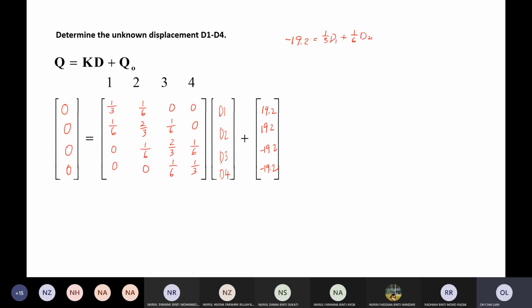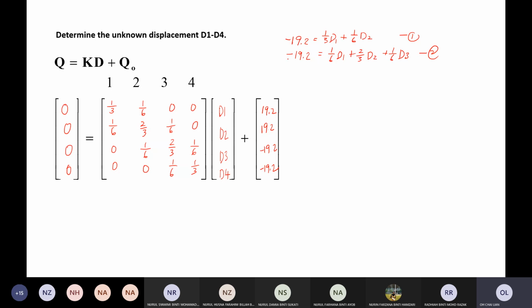So then the second equation will be negative 19.2 equal to 1/6 D1 plus 2/3 D2 plus 1/6 D3.